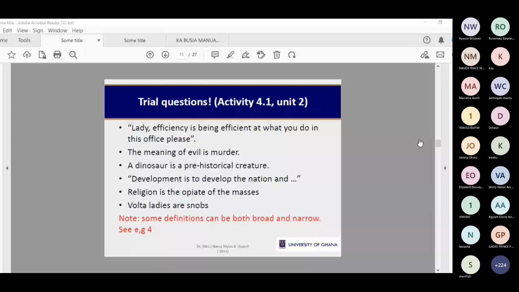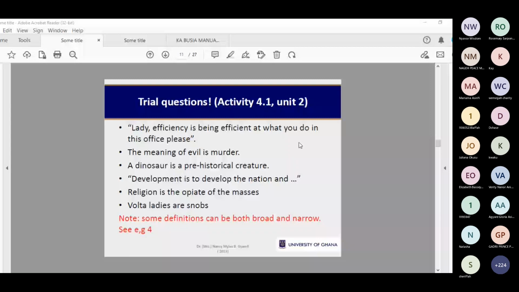Where would I classify it? I want to know if it's a definition. For instance, they say, if you have any problem, our doors are open.